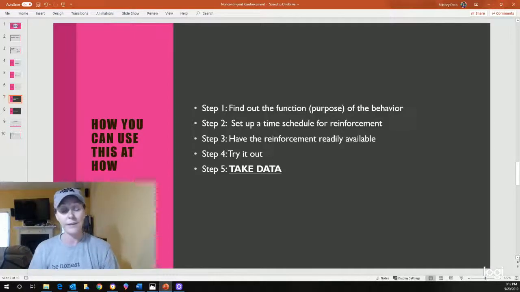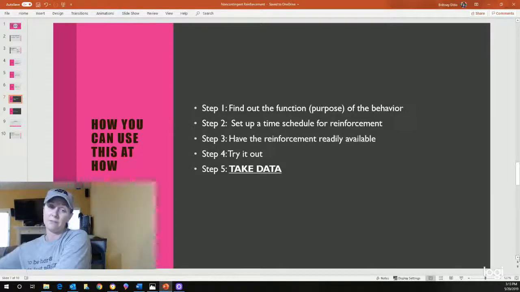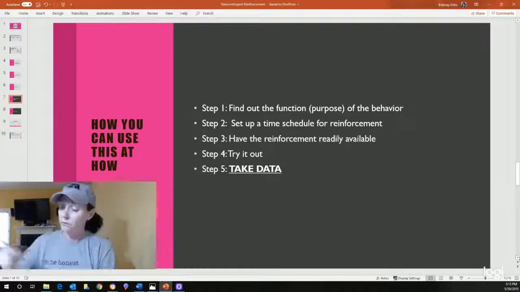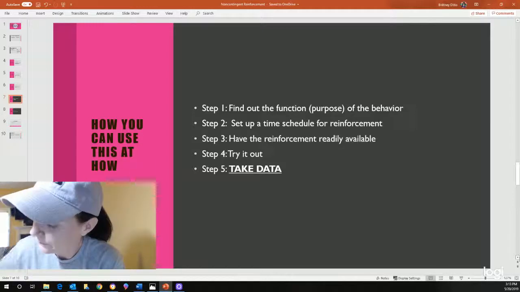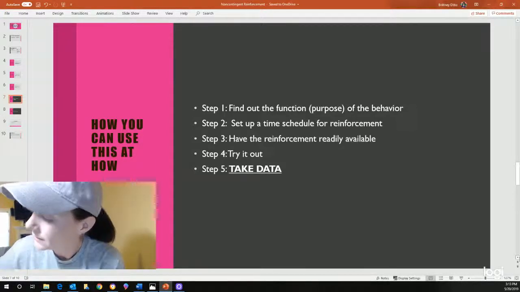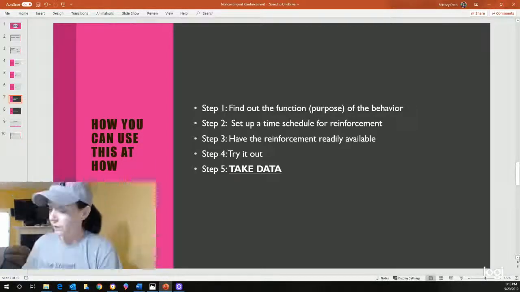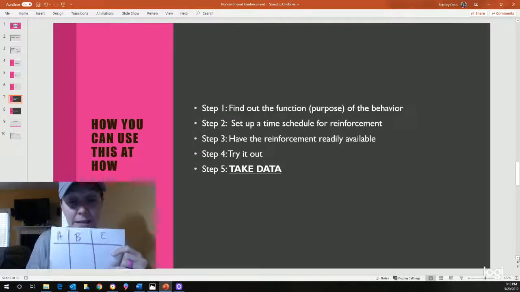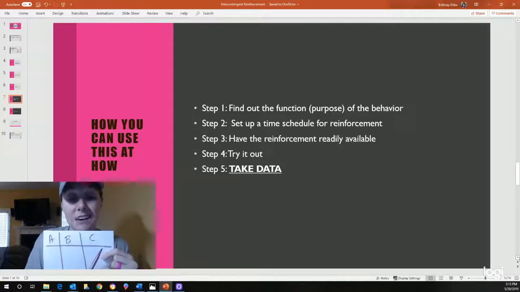How you would find out the function with the ABC data form is, what I like to do is I always start by writing the behavior, and this is just my personal preference. Everybody can do it the way that they want. So we know the A is before, it's the antecedent, B is the behavior, and C is the consequence.